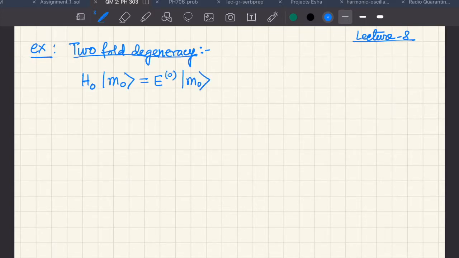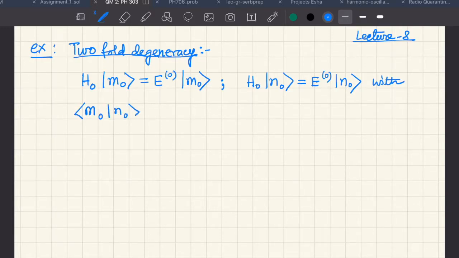And now if you have the same unperturbed Hamiltonian operating on |n0⟩, giving you the same value of the energy and the state back, with of course the orthonormality criteria, ⟨m0|n0⟩ equal to 0, and we have assumed that these states are normalized. And as already said, any linear combination of these states is still an eigenstate of H0.